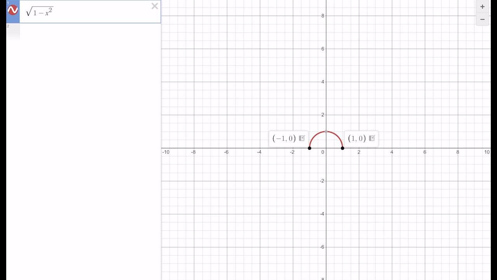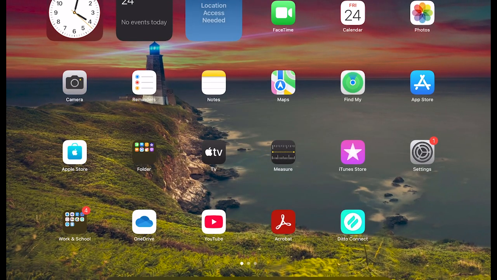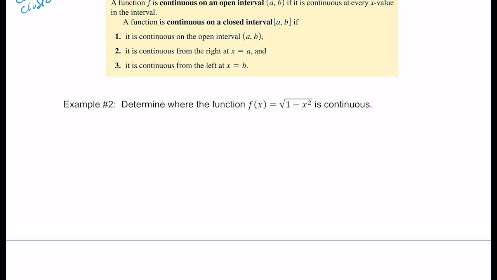Since we know that it's continuous on the open interval from -1 to 1, because it's continuous at every x value there, the domain is from -1 to 1. Now we're going to check whether the endpoints are continuous. Let me draw a quick picture of this. Here's -1.